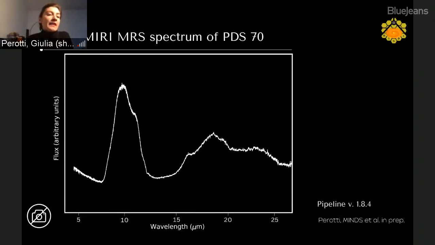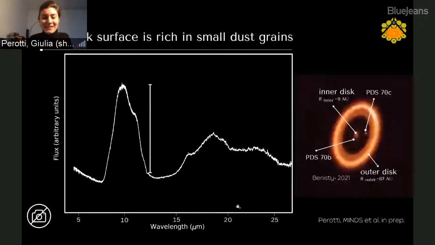So this is the first James Webb MIRI spectrum of the PDS-70 system, the full spectrum from 4.9 up to 27 microns. These are really exciting results, a beautiful data set where, first of all, we are seeing a really prominent silicate emission around 10 microns. This indicates that the inner disk atmosphere is rich in small submicron dust grains populating the inner disk.